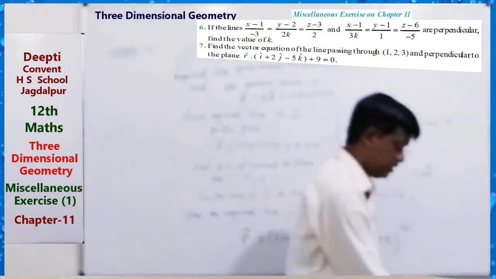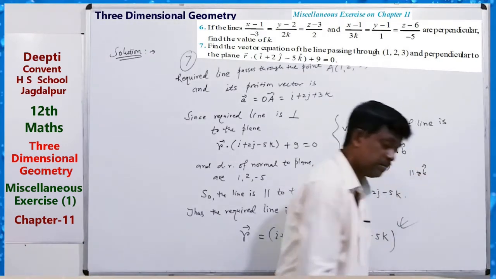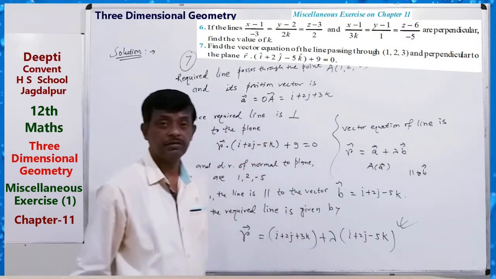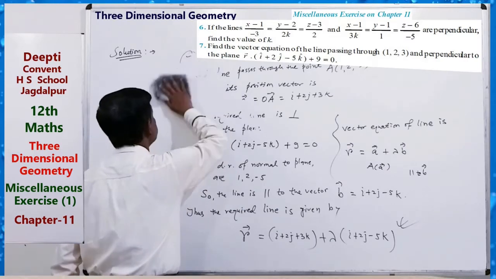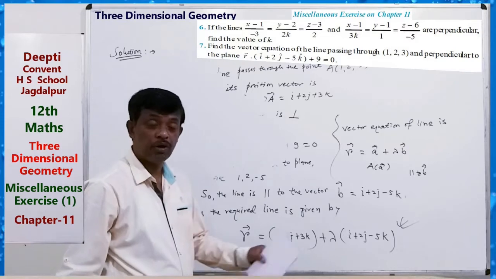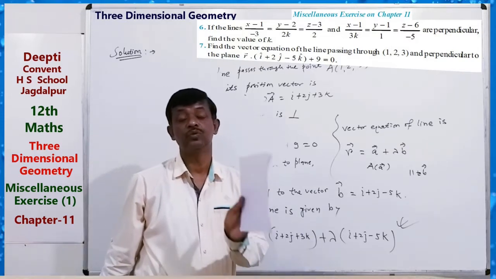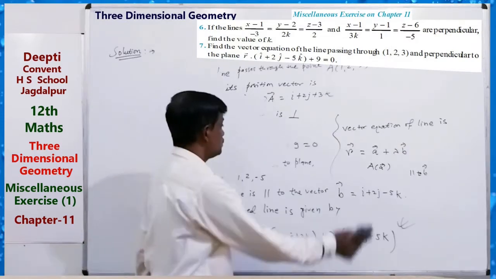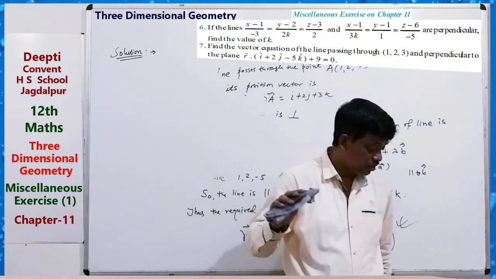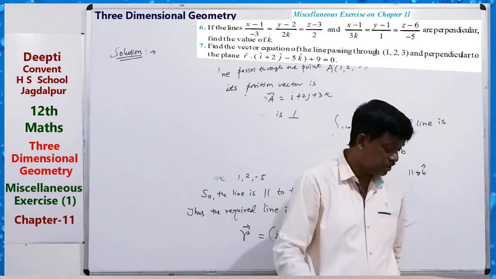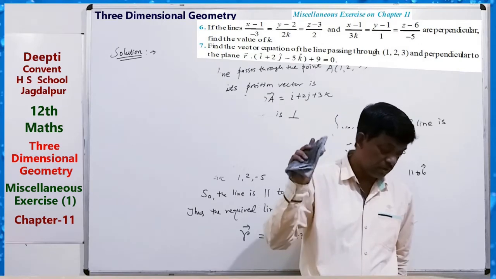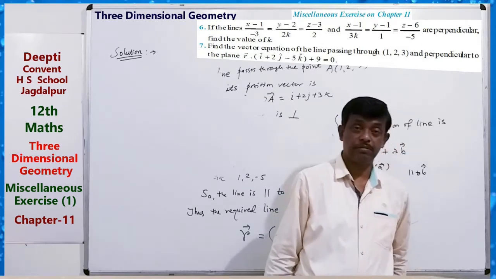There are three types of formula for finding the equation of a plane. Here, in question 8, the plane passes through the point (a, b, c) and is parallel to the given plane.